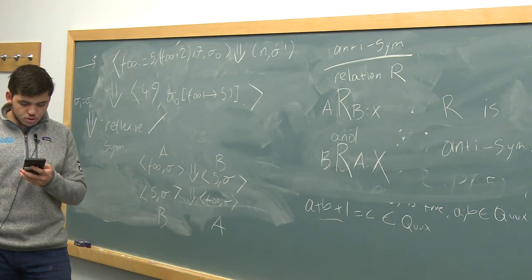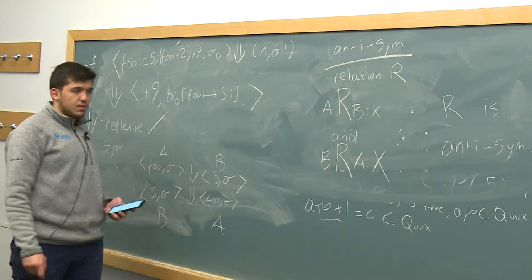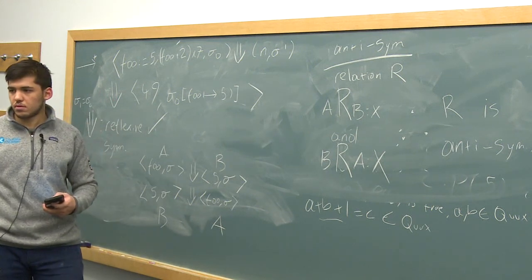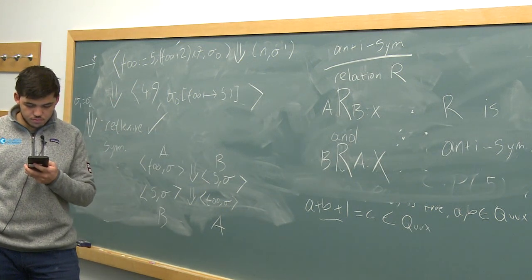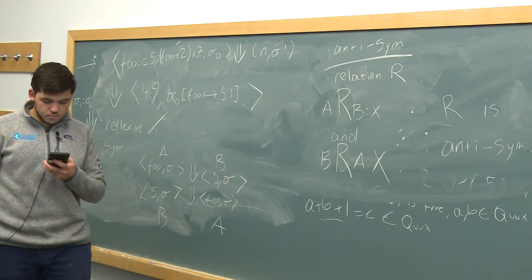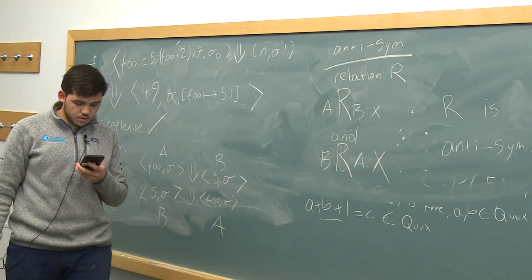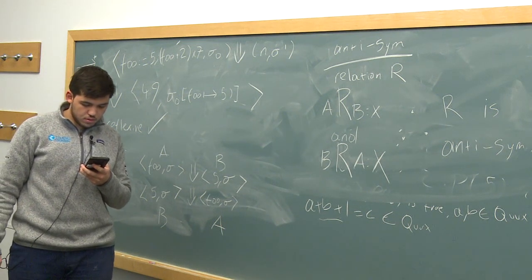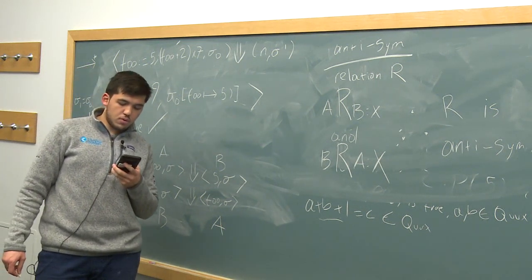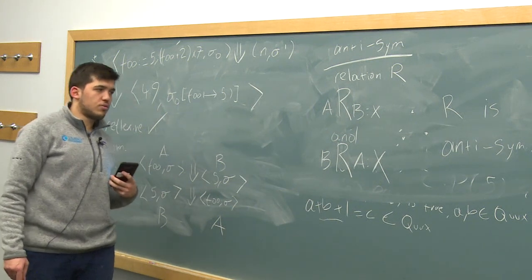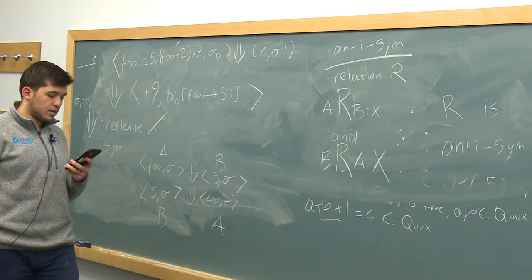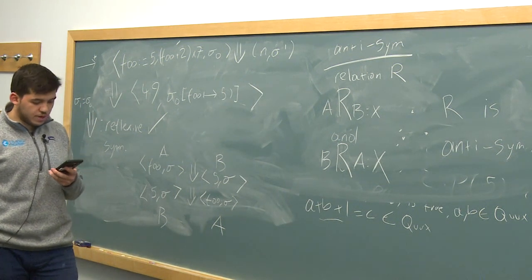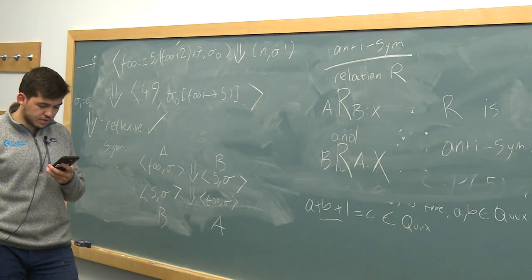Sorry, if it exists for both, that's symmetric. So if they both don't exist, then that's anti-symmetric. Okay, let's go back to large step for now. We're going to come back to small step.